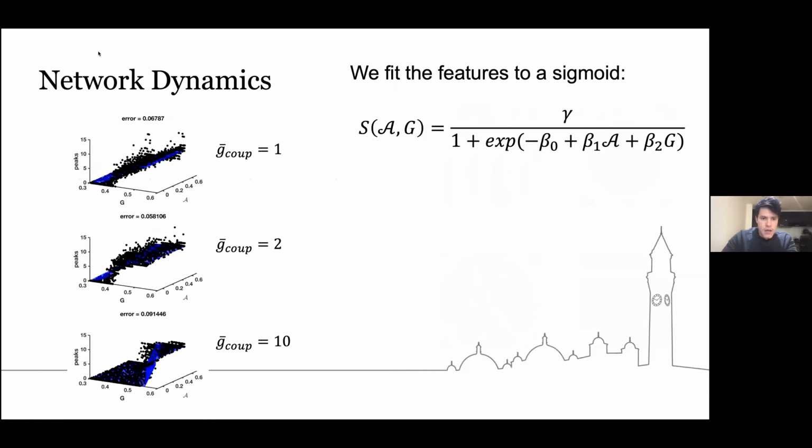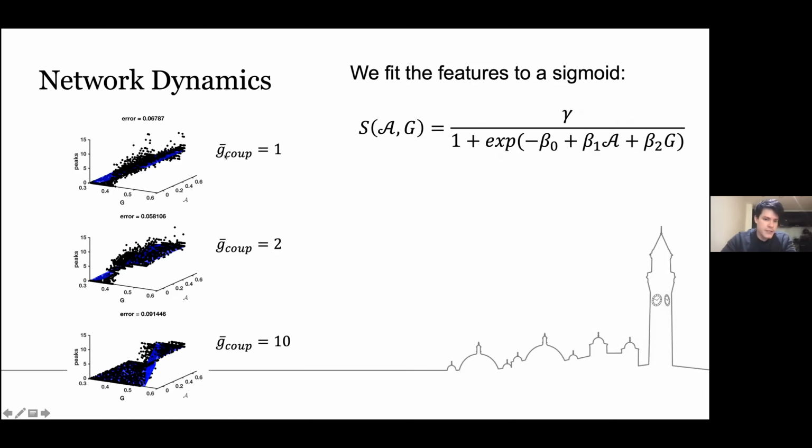Okay. And so we were looking at the three different coupling strengths, and we have our 2048 points in G and assortativity. And here we're looking at the number of peaks. So that is the average peaks over all of the cells in the network. And all I wanted to say in this slide is that we're then fitting these to sigmoids, and it's the sigmoids that we'll look at.